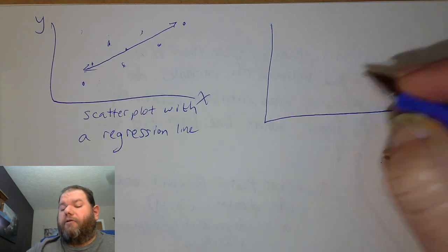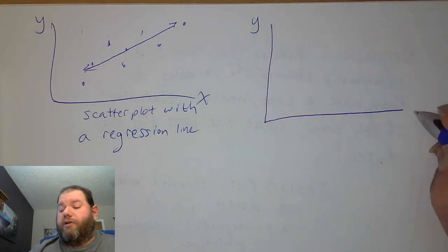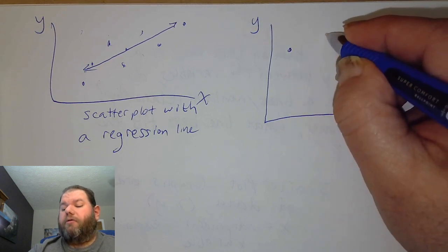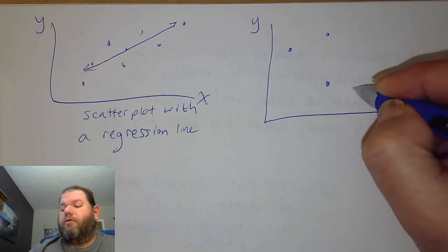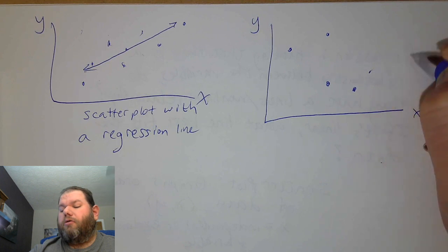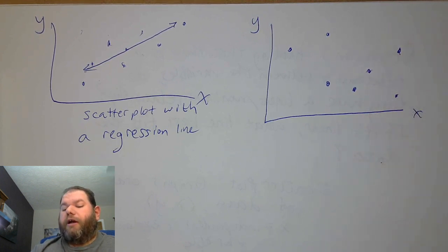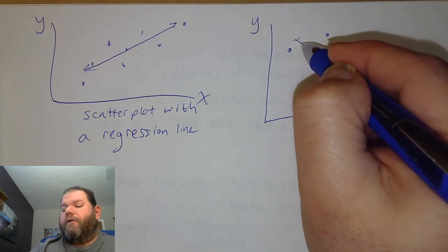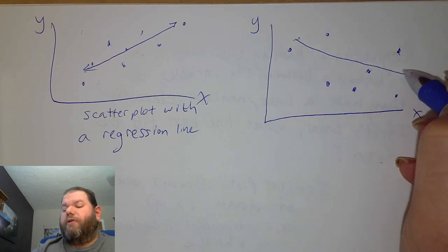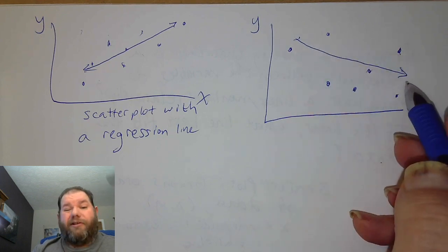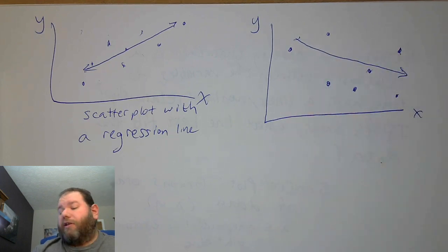So depending on where our information lies, we could have some different things happening. These seem to be a little more haphazard, but there does seem to be a general trend moving downward to the right, and I probably should have drawn it a little bit lower than I did, but you get the idea there.